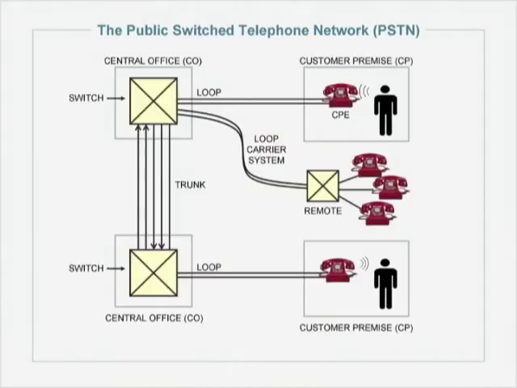The telephone is connected to a telephone switch over a loop, and the loop is 2 copper wires with a maximum length of 3 miles or 5 kilometers. If you're more than 3 miles away from a CO, chances are pretty good you're connected onto a remote, and then the information that's on your loop gets carried over a loop carrier system back to the central office.